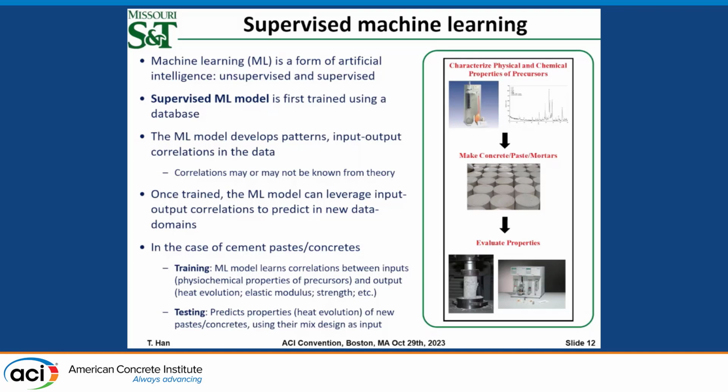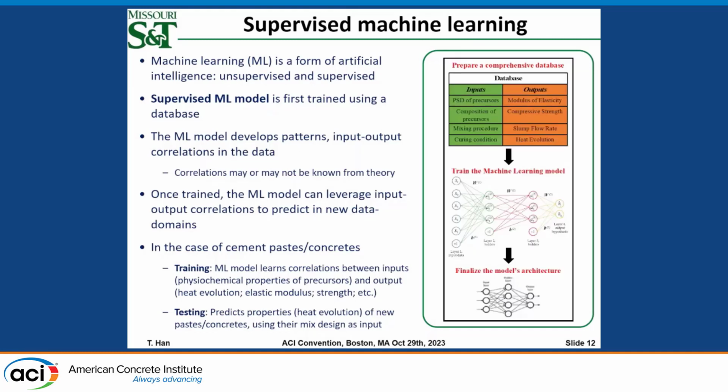A machine learning model is a kind of artificial intelligence, and it has been widely used in cement chemistry to predict cement and concrete properties. To use that model, first you need to do some experiments and measure your properties, and then you get a training database. You train your model to learn the input-output correlations from your training dataset, and then leverage such correlations on a new dataset, so the model can produce a prediction.